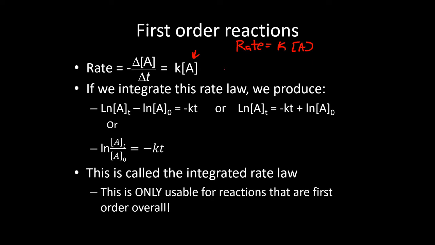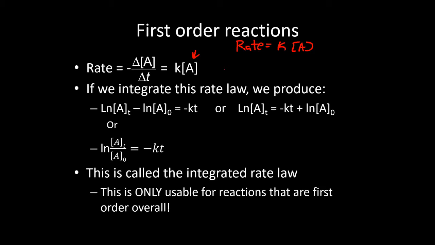order. Now, if you remember from way earlier in this chapter, we talked about how the rate is not only equal to some constant times the concentration, the rate is also equal to the change in the concentration over the change in time. This is one of the very first things we talked about in this chapter.